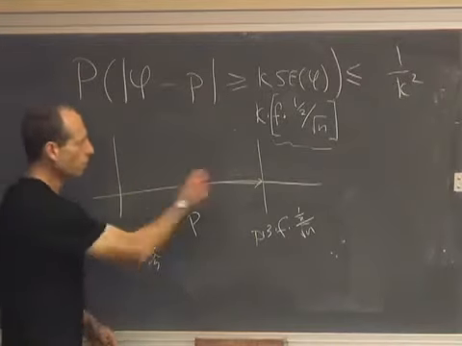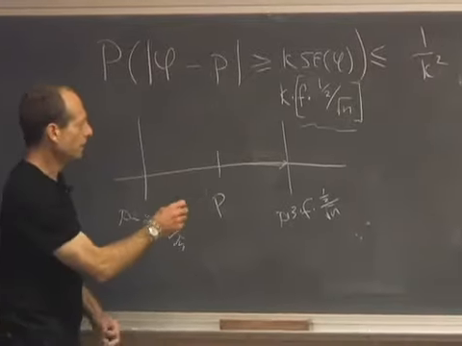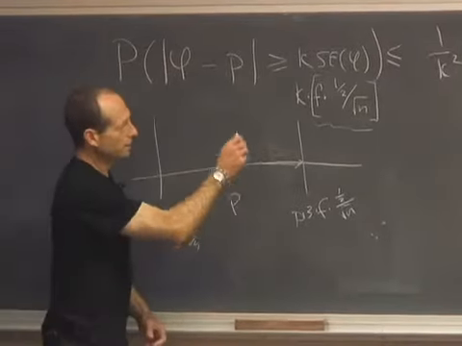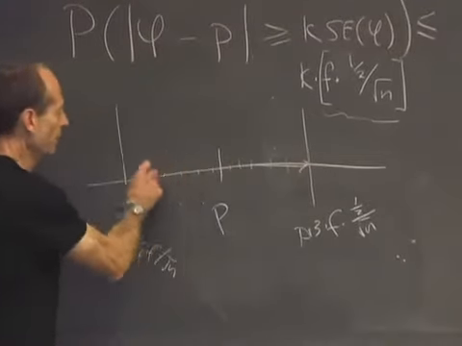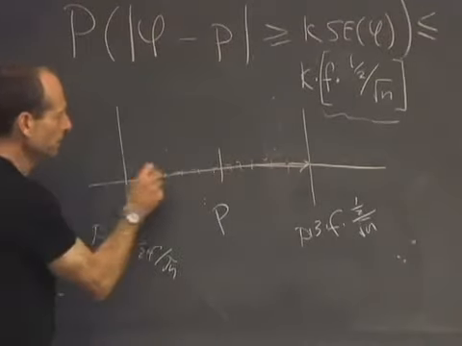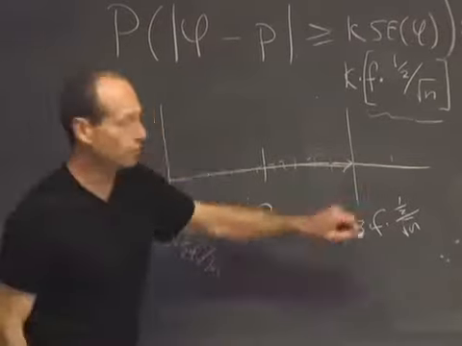So what do I know? I know that 8/9 of the time, my sample value phi is going to be in here somewhere. And at most 1/9 of the time, it's going to be out here or up here.